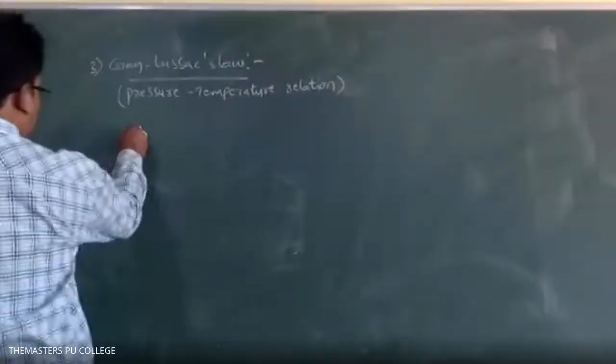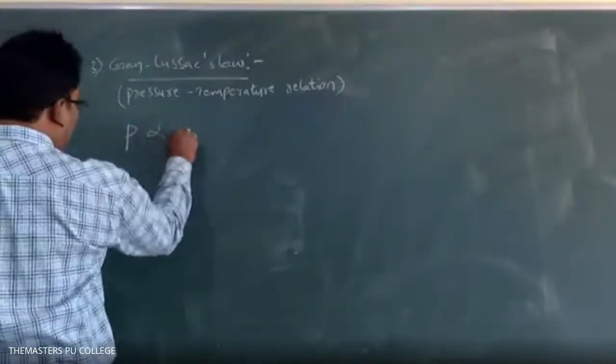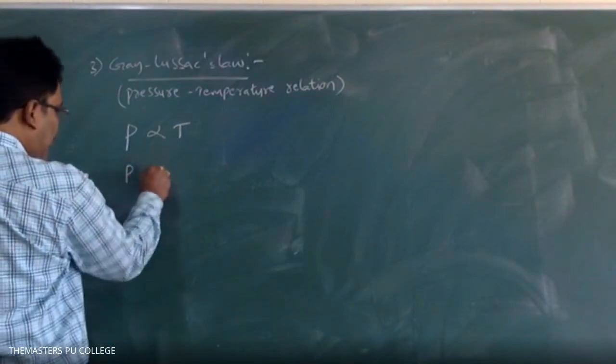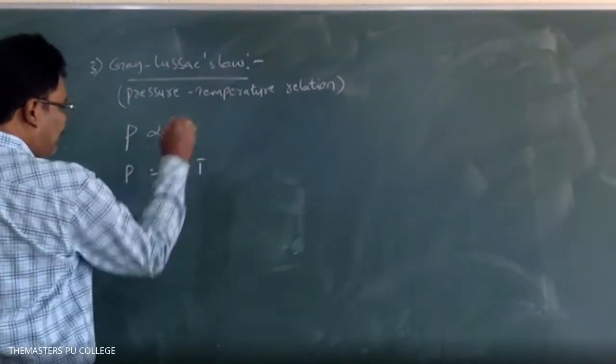That is, P is proportional to T, so P is equal to k into T.